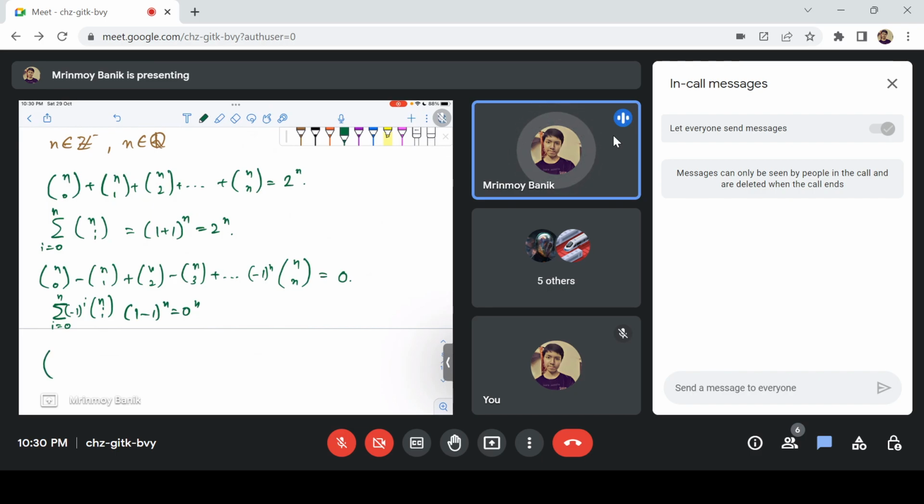Now an interesting observation. If you just take the even terms, up to n by 2 floor times 2, the sum of the even terms is equal to the sum of the odd terms.